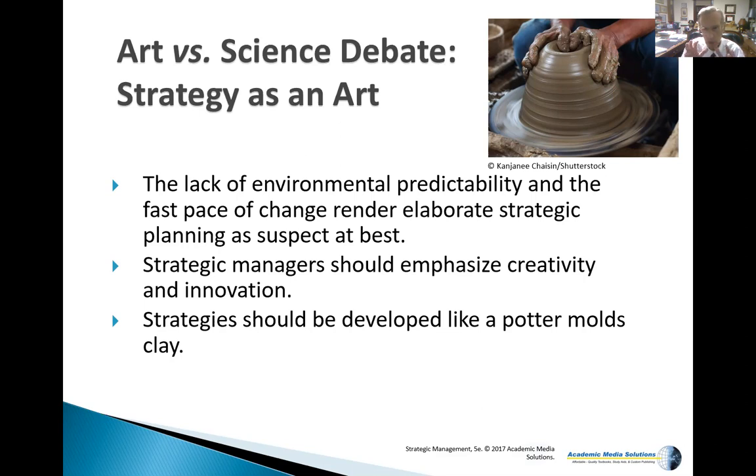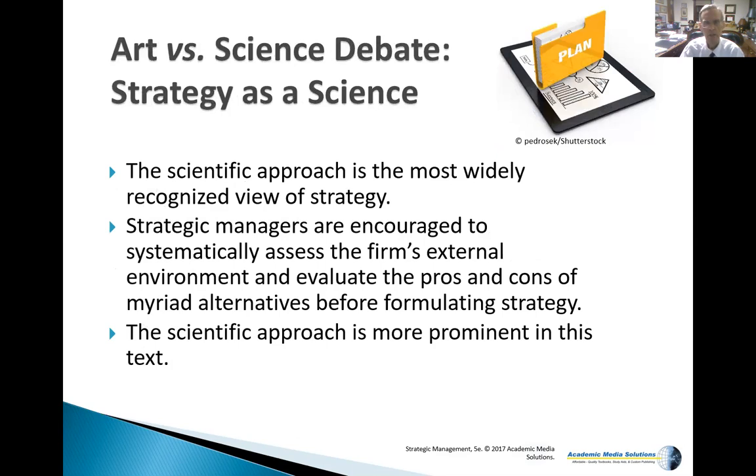And so Parnell points out that strategies can be formed, kind of like the picture in this slide, as you make something out of clay, rather than by a formula, by doing something by the numbers very specifically in a scientific fashion. But then he points out the fact that indeed we are learning a lot more about what works in strategic management through research.